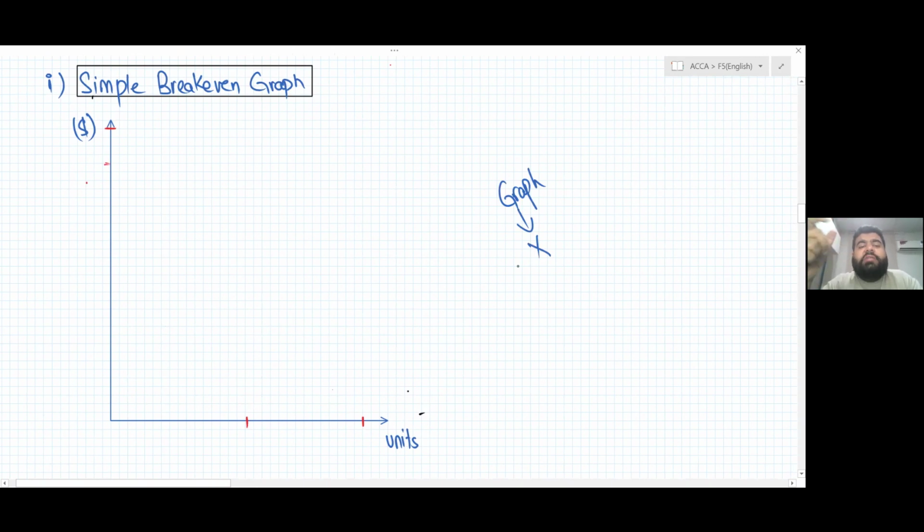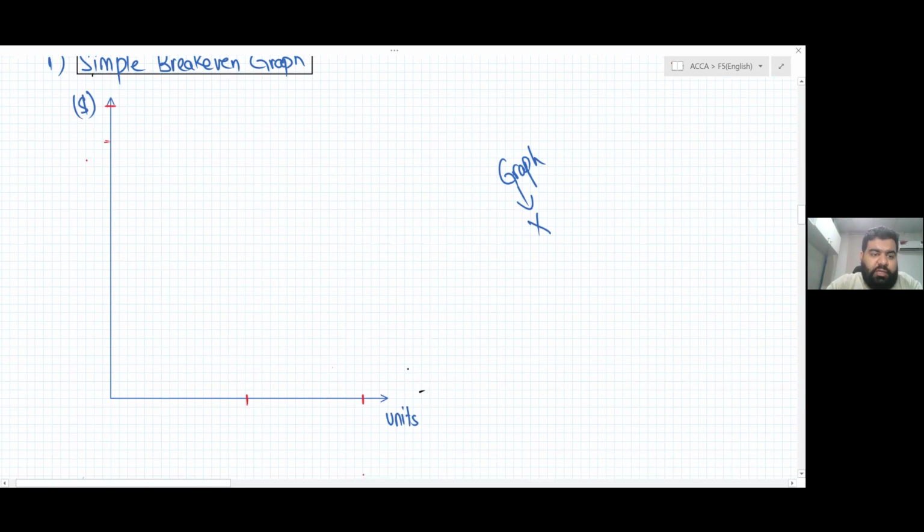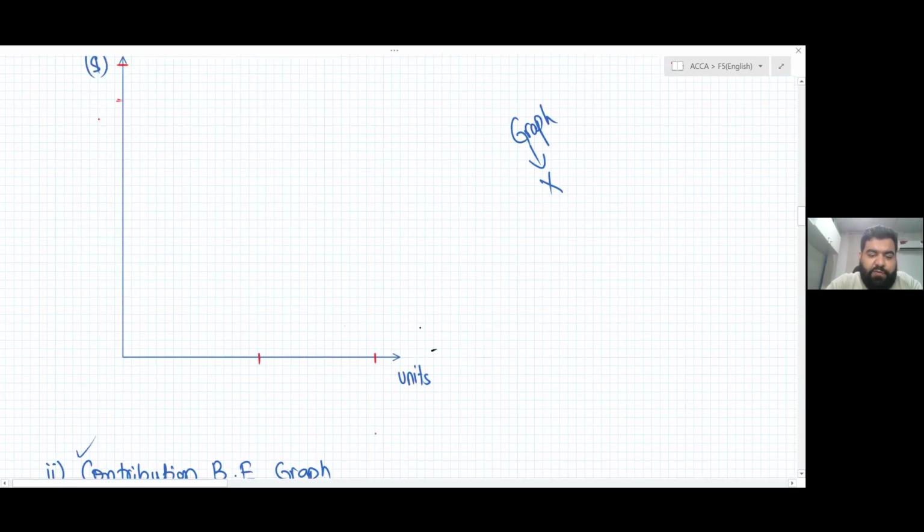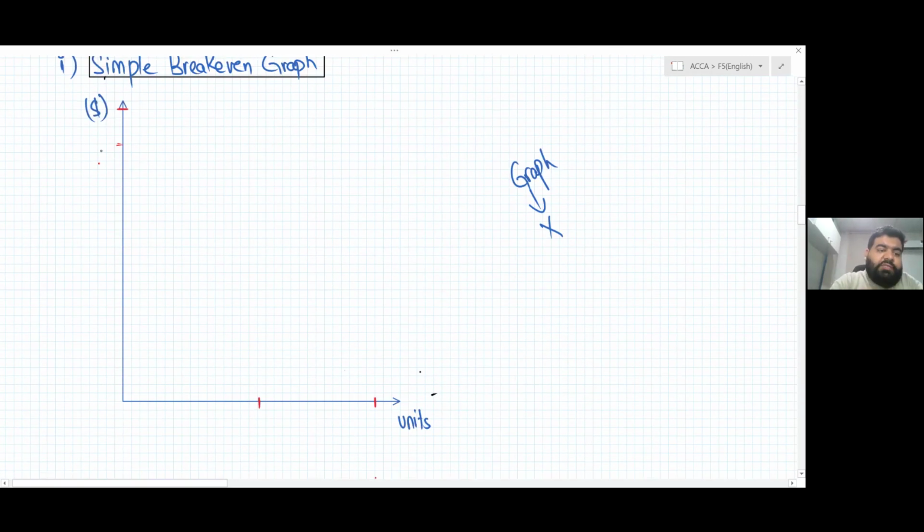You must have the understanding of the graph, because it can come in diagram shape. The diagram will be available in the exam, and you have to identify the points. So in the graph, on the x-axis I have written units, and on the y-axis I have written dollars.